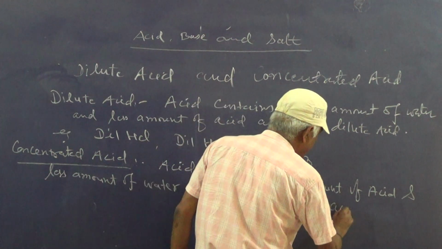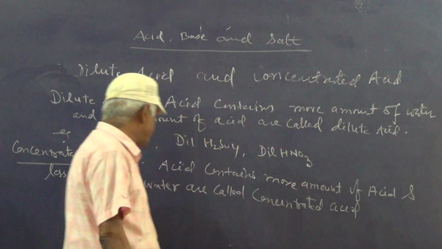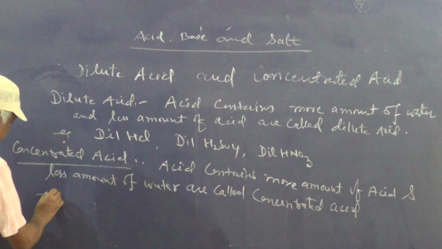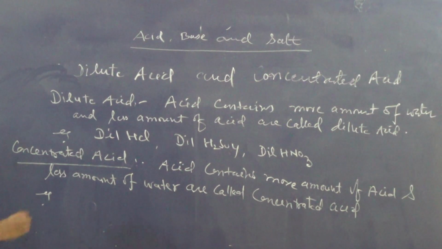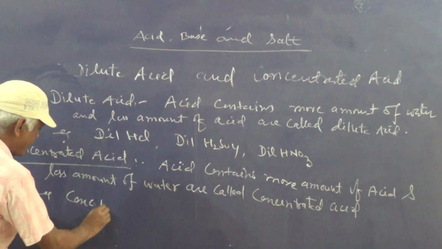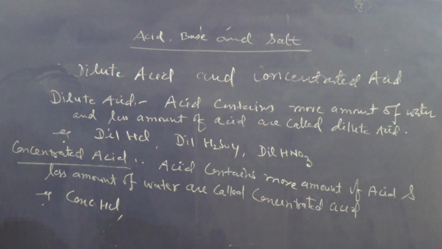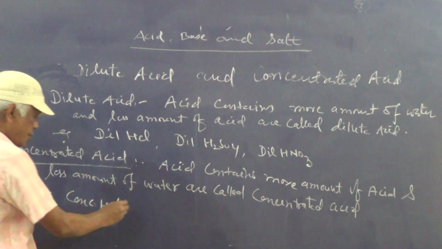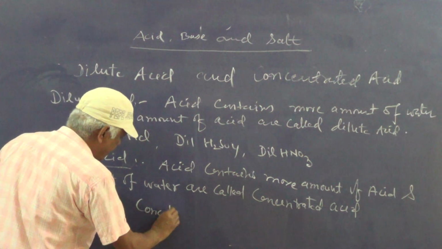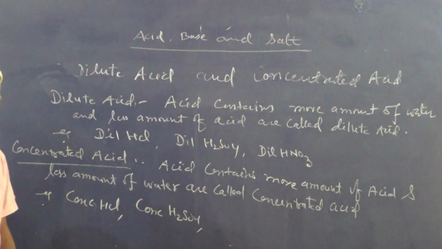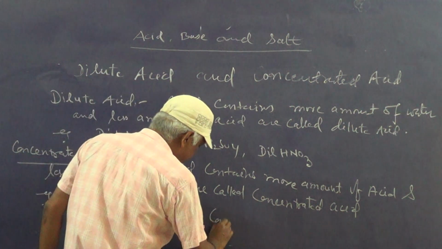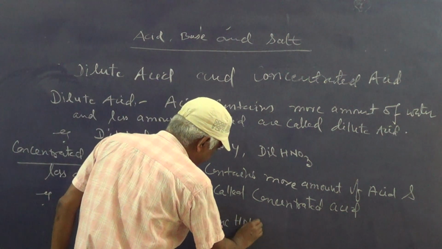It is written like this. Concentrated is short form CONC. Conc HCl, concentrated hydrochloric acid. Conc H2SO4, sulfuric acid, and conc nitric acid HNO3.